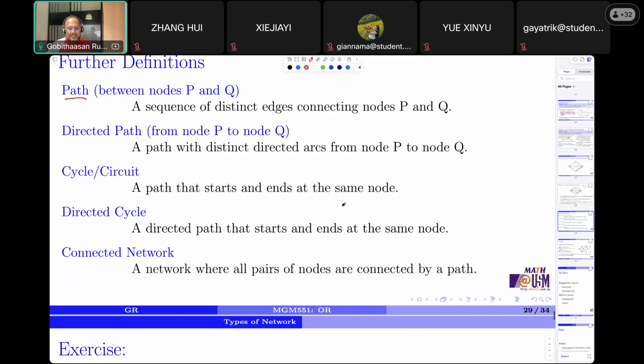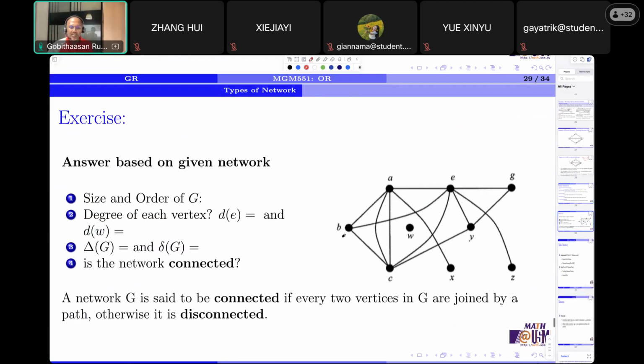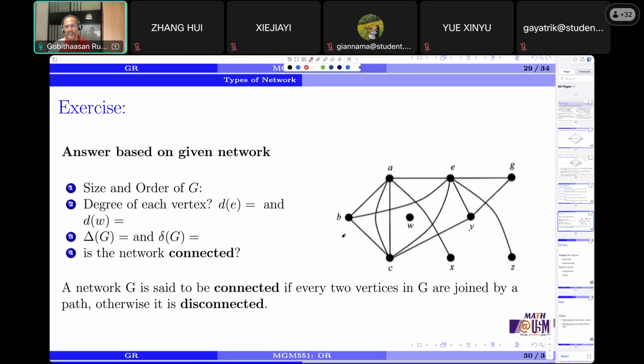Whereas in this exercise, you will see W is actually a singleton. We call it a singleton because it has no edge connecting to any other vertices.